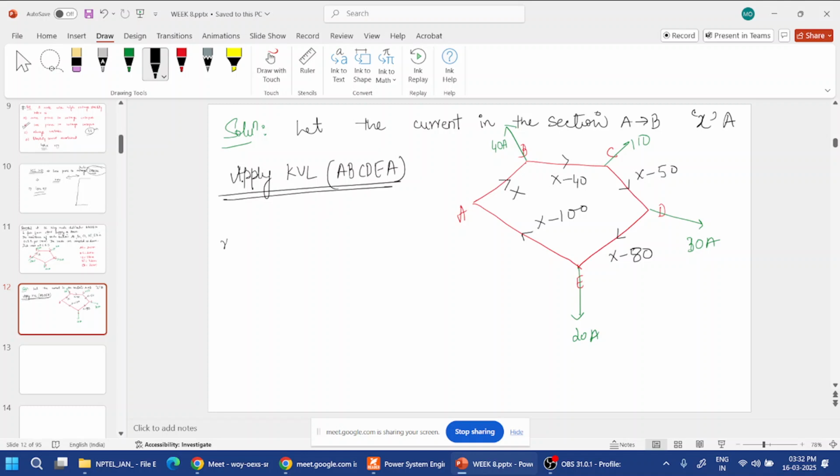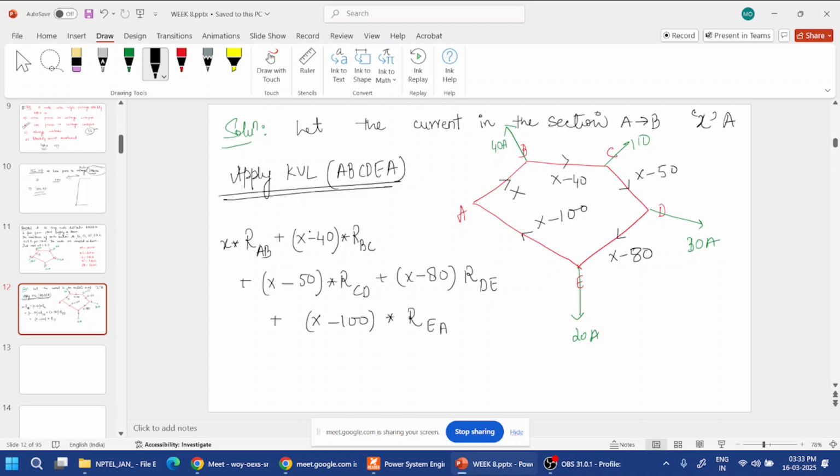Let's say this is X into R AB, the section resistance between AB, plus X minus 40 into R BC, the section resistance between BC, plus X minus 50 into section resistance R CD, plus X minus 80 into section resistance R DE, plus X minus 100 into section resistance R EA is equal to 0.